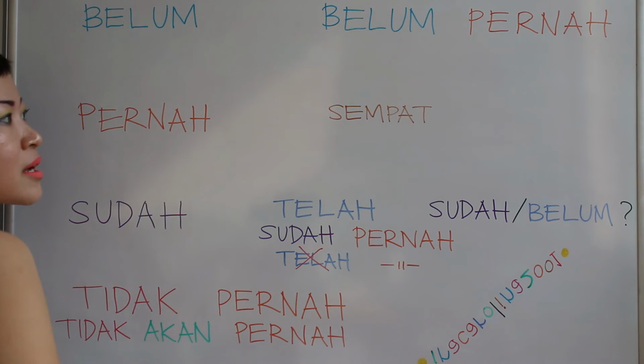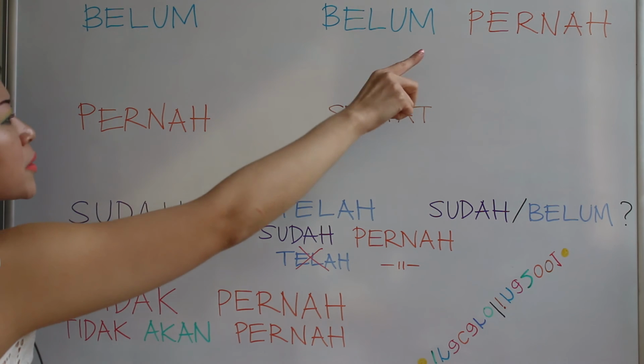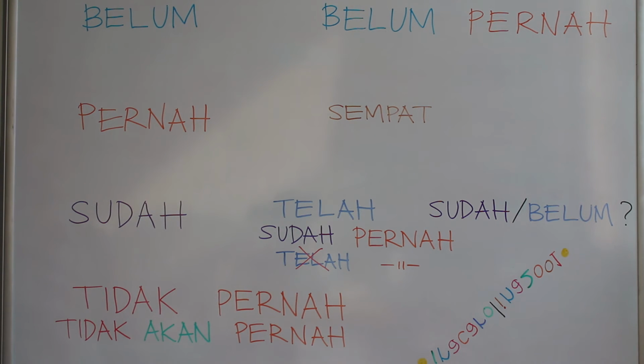Pernah is ever. So it means not yet ever, or never. Not yet ever, even once. Belum pernah. Pernah is ever, sempat is have a chance. Sudah is have already, or already have.